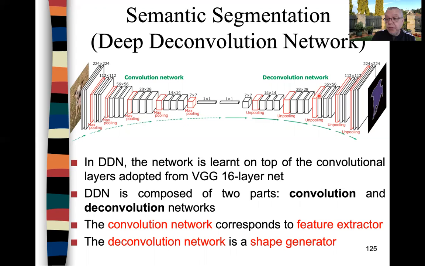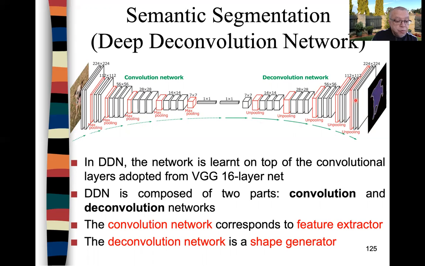This shape is also a probability map of the same size as the input image, where each pixel has a probability that tells you whether it belongs to a predefined class or not.